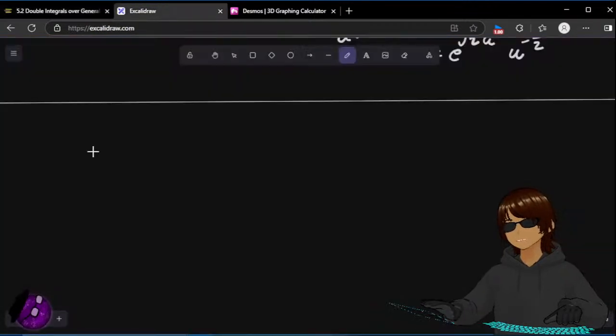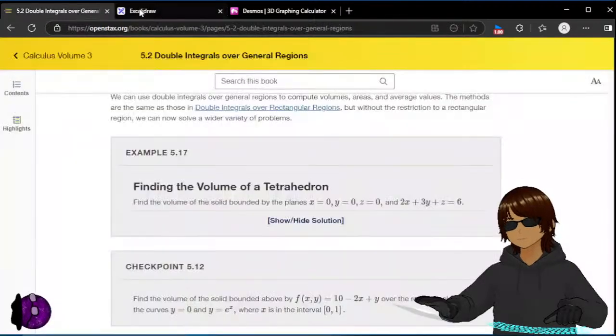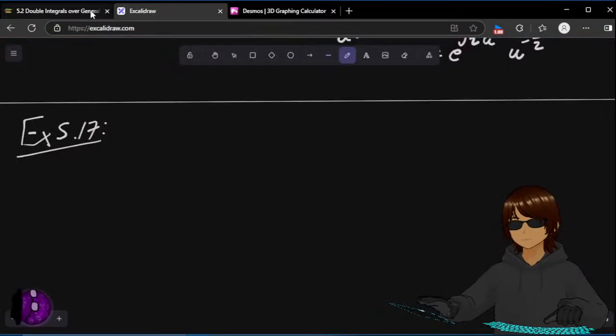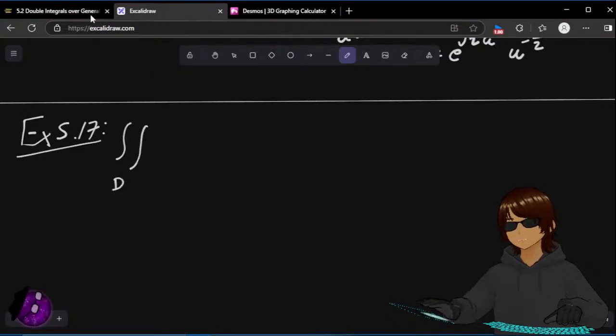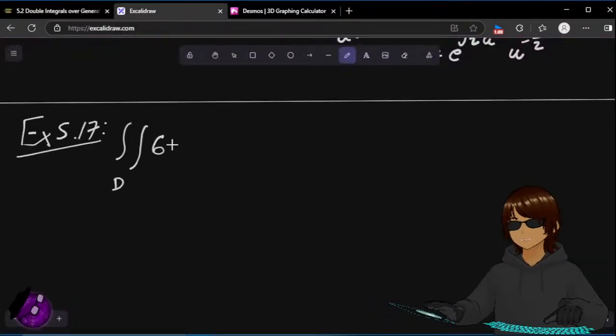Example 5.17. We are integrating z, which is equal to 6 minus 2x minus 3y.